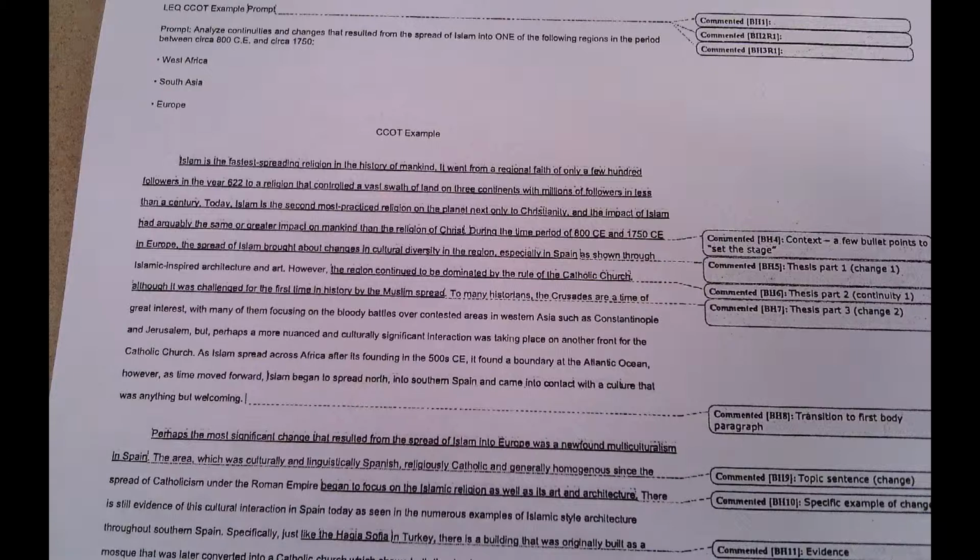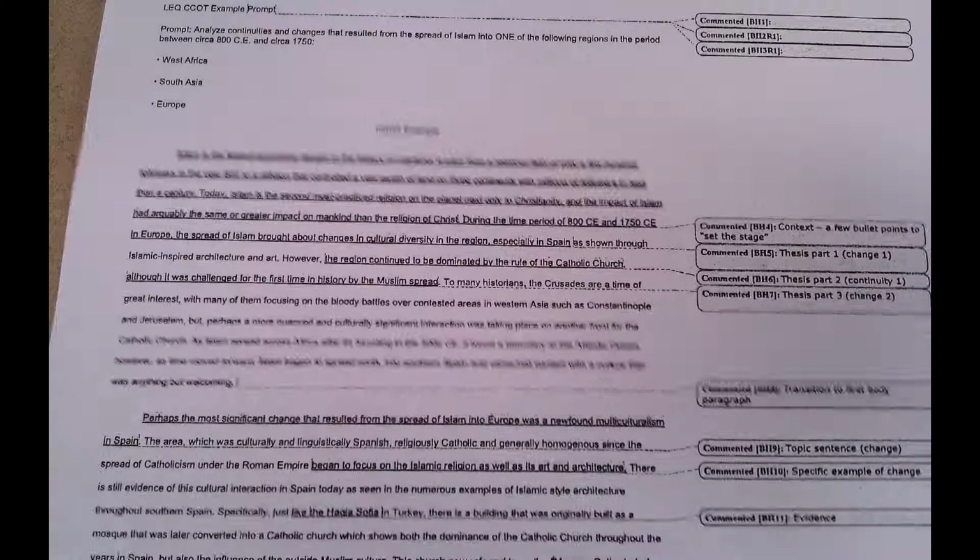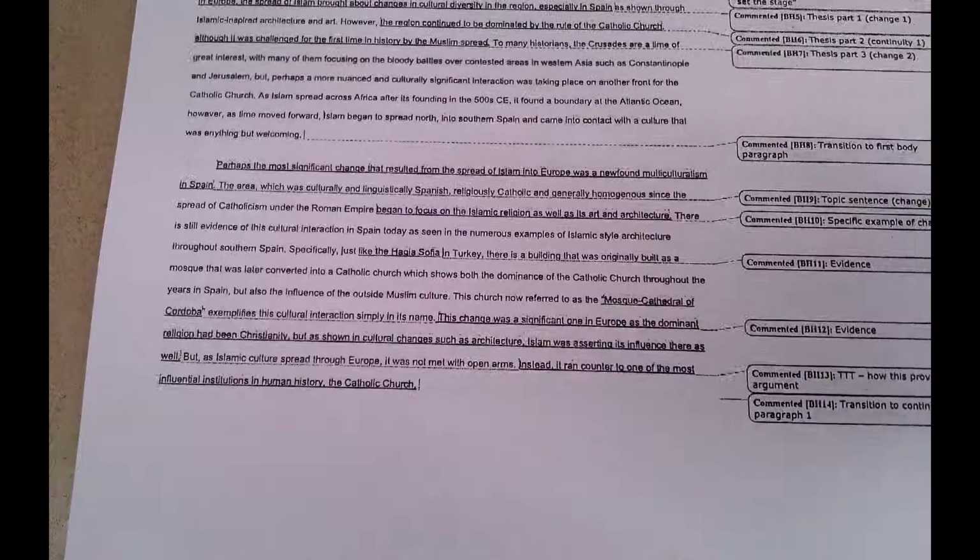And so there is my changes in Spain with architecture. It was dominated by the Catholic Church, but another change was it's the first time it was really challenged. And then I go in and just kind of throw in some extra stuff about the Crusades, and I just try to be all sort of extra there.